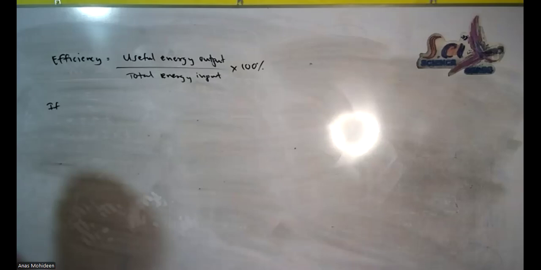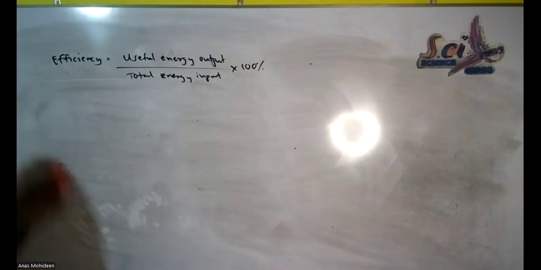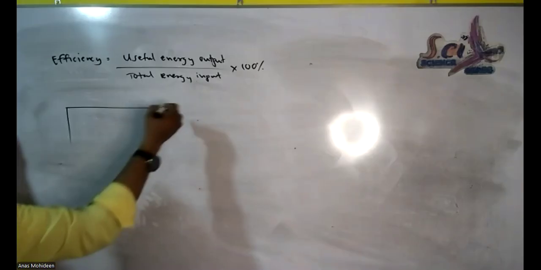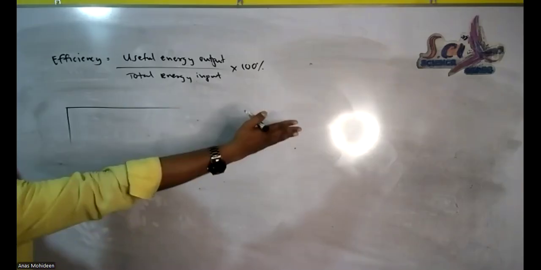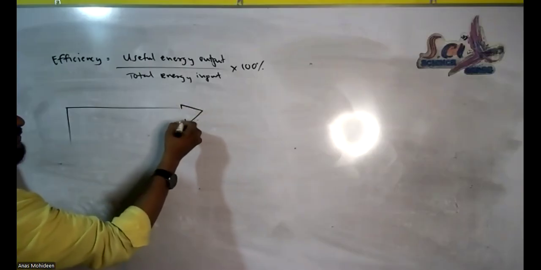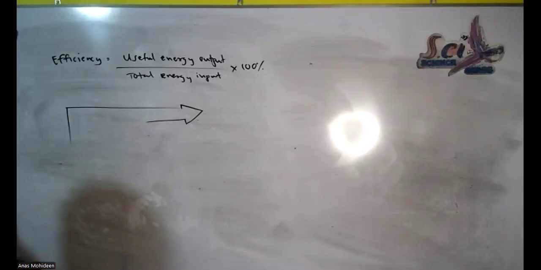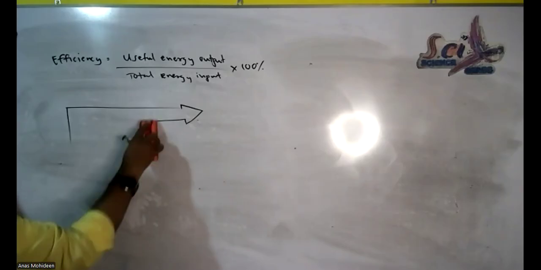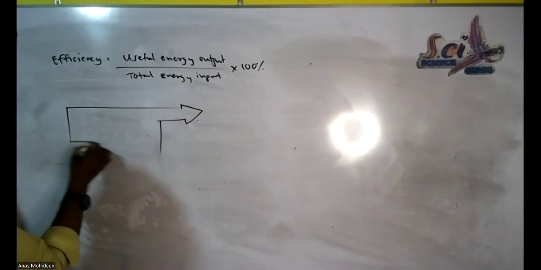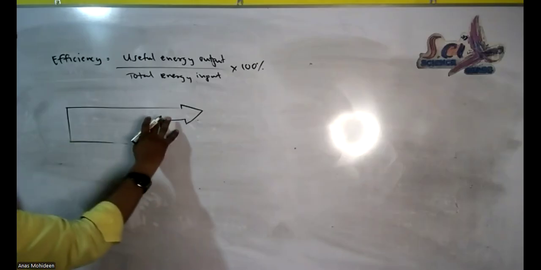Let's say a Sankey diagram is given in this way. Usually left to right, horizontally, we are showing the useful energy. Top to bottom, or upwards or downwards, we are showing the wasted energy.